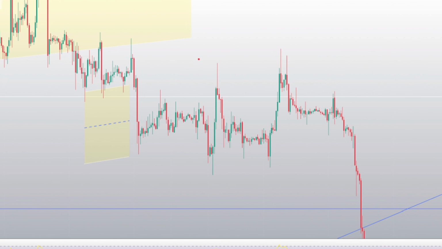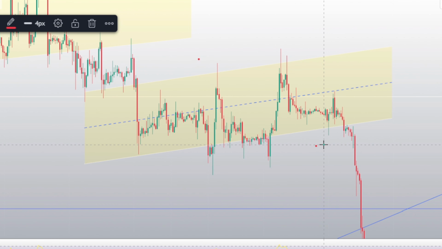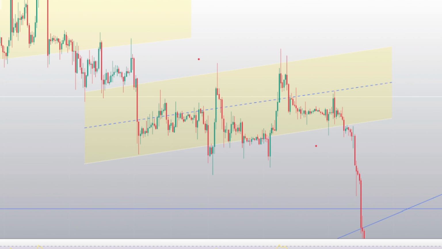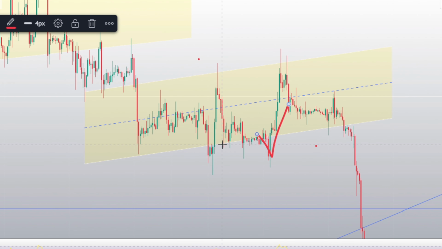And then using this channel again as navigation: the moment price loses this channel and doesn't go back immediately, like here, fake out, boom, inside, fake out, stays a little bit, boom, inside.